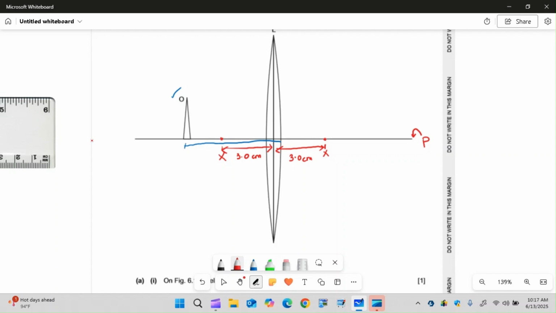Those rays, after passing through the lens, meet at a point to form the image, and they want us to draw any two. So I will show you the first ray. The first ray is always parallel to the principal axis. This is a ray parallel to the principal axis, and after passing through the lens it should pass through the focal point.